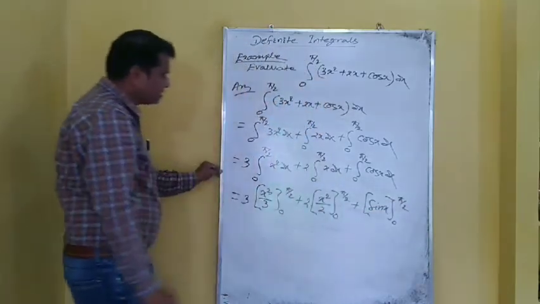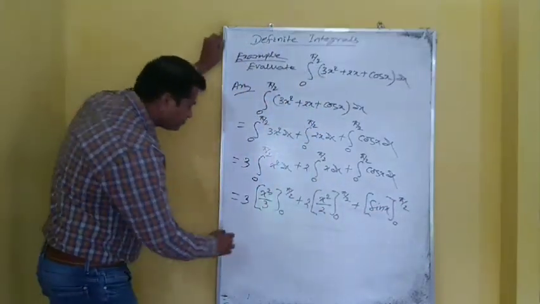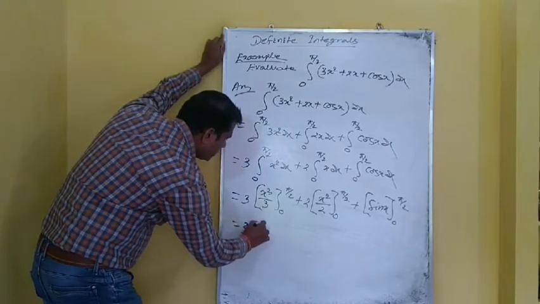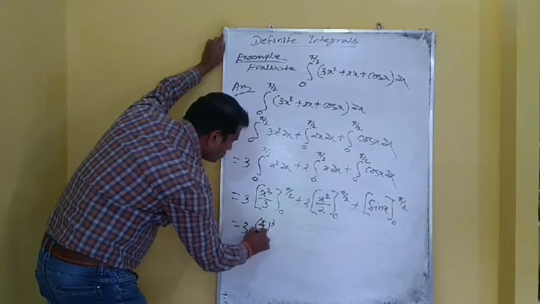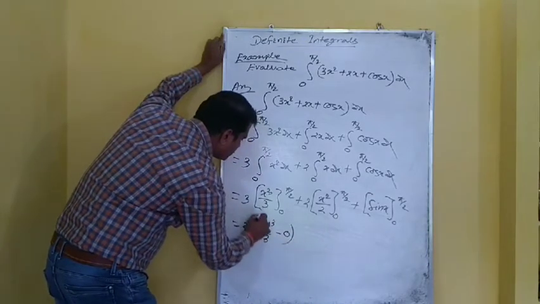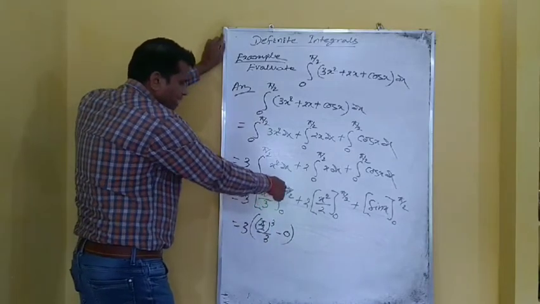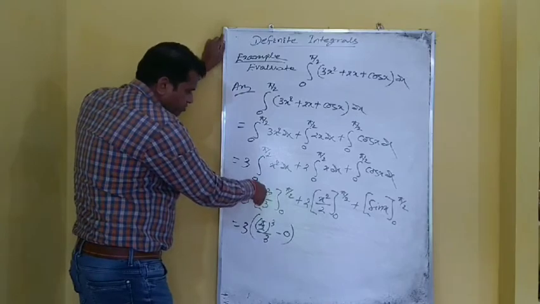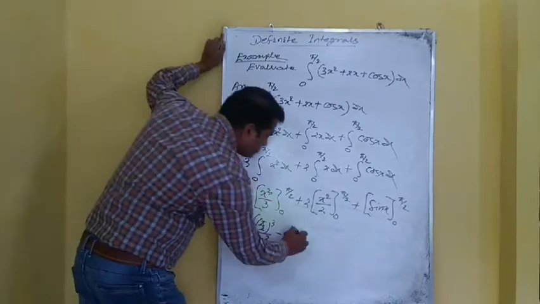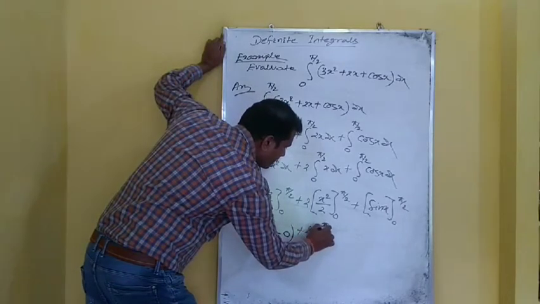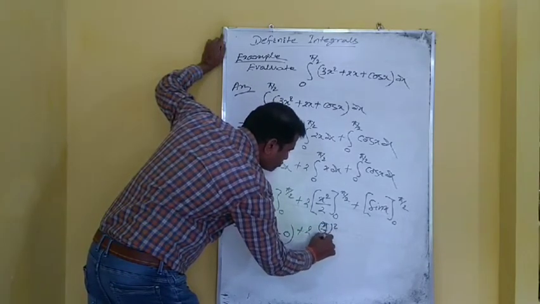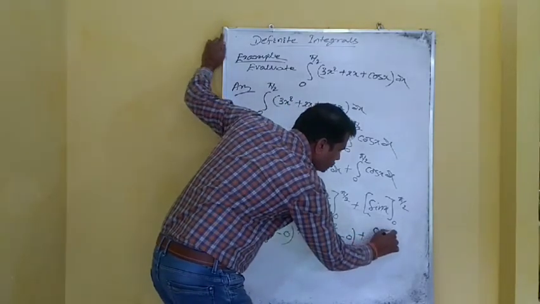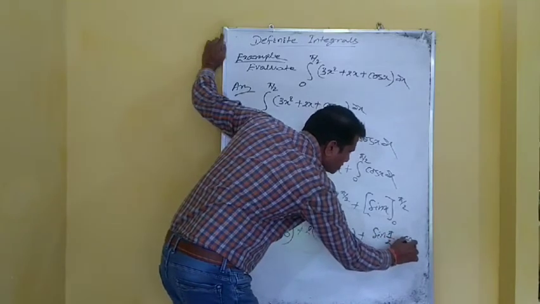Then we write 3 times (pi by 2) whole cube by 3 minus 0. Now I put the value of pi by 2 in place of x, minus the value of x cube by 3 at 0, plus 2 times (pi by 2) square by 2 minus 0, plus sin pi by 2 minus sin 0.